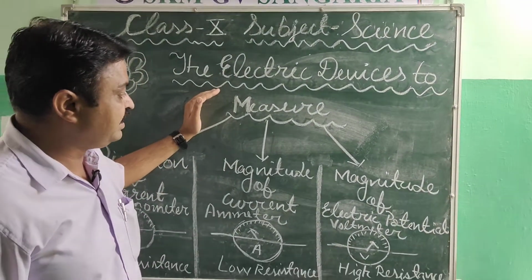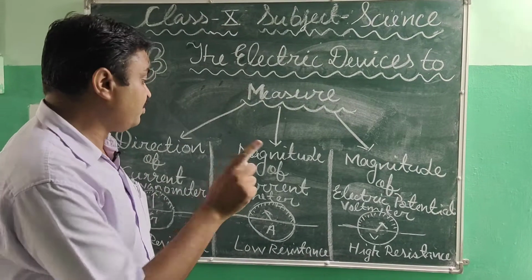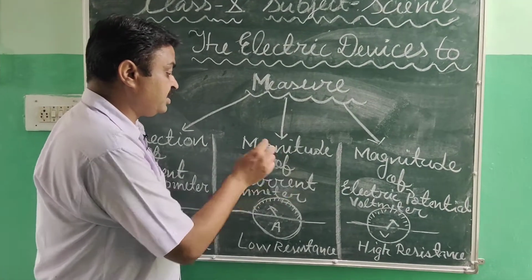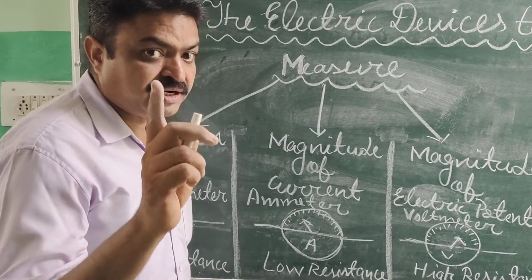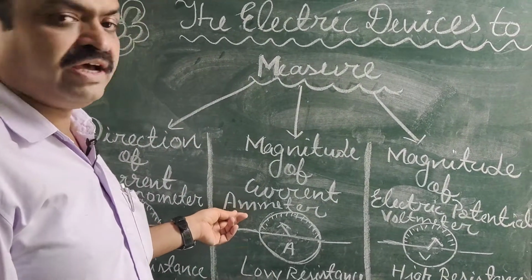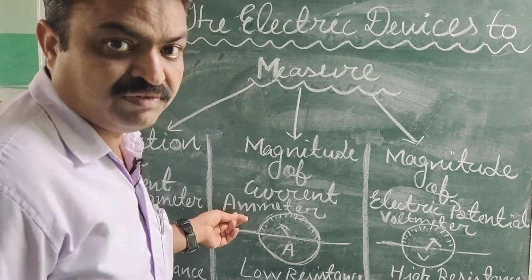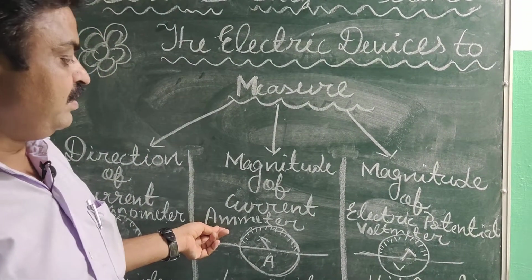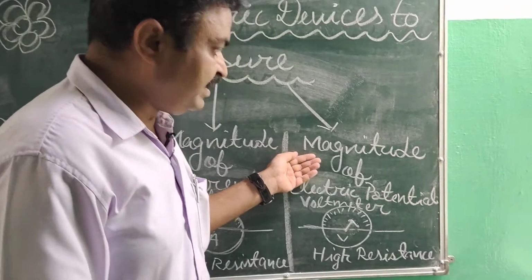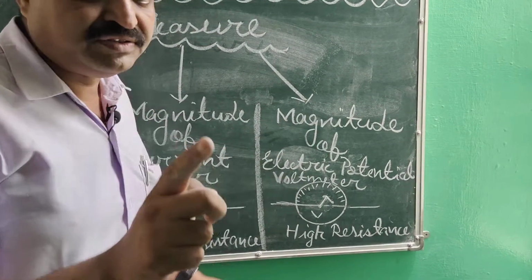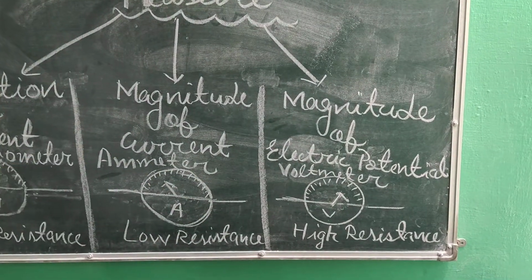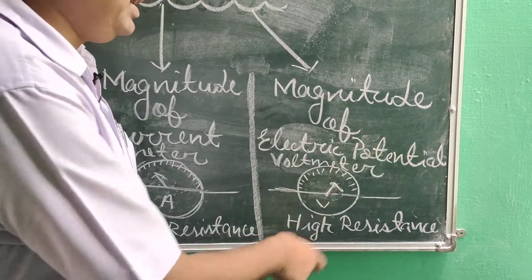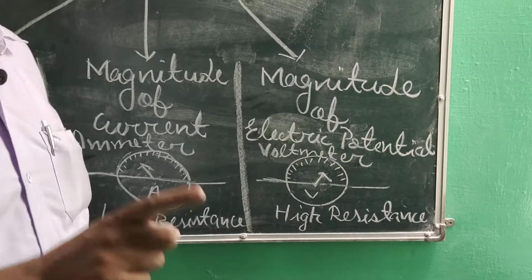The second electrical device, or meter, with which we measure the magnitude of current is known as an ammeter. What do we call it? Ammeter. And the next electrical device, which is used to find the magnitude of electric potential, is known as a voltmeter.